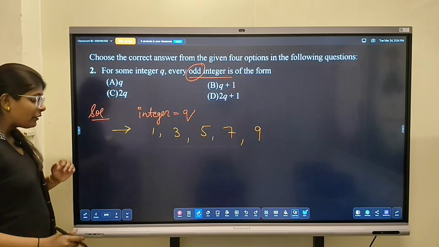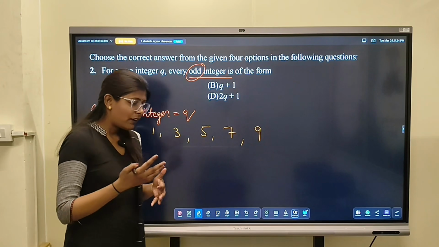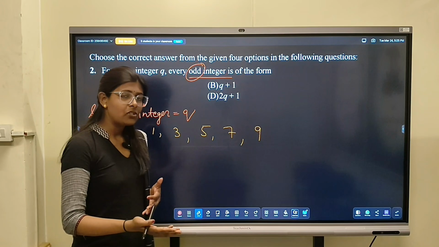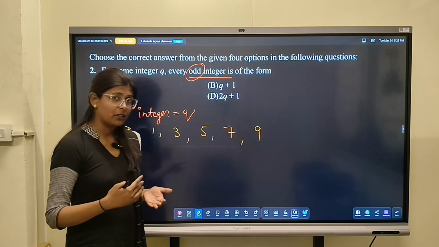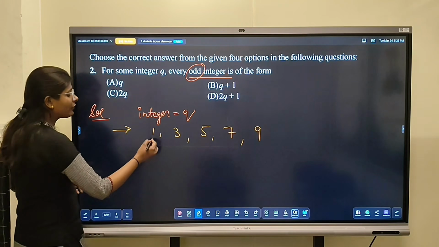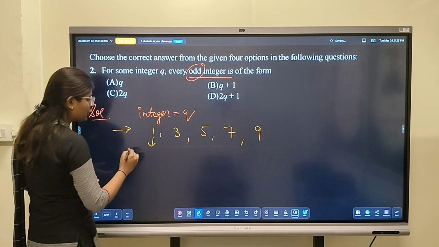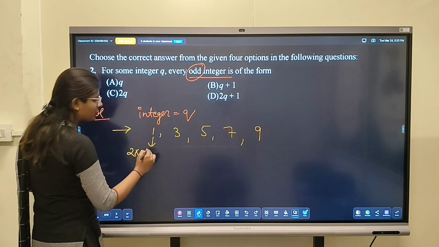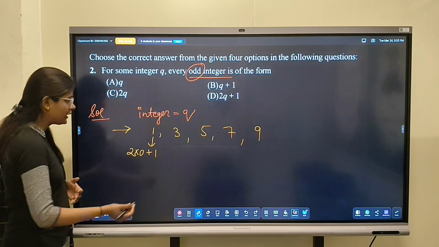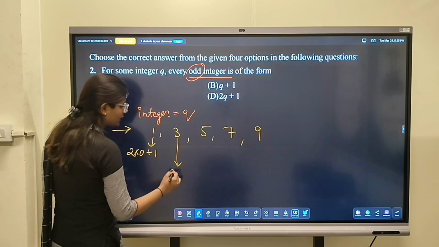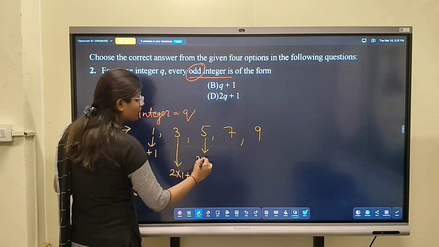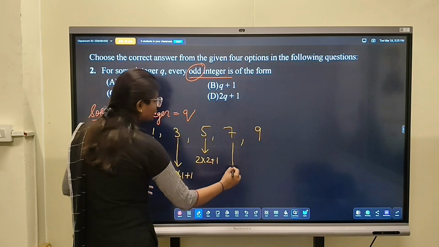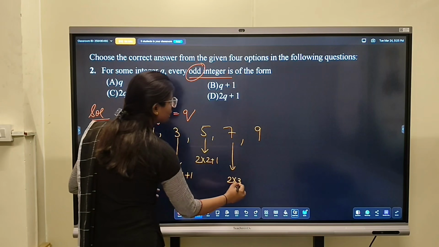Agree? And we know that after every even integer, there is an odd integer, and before that also there is an odd integer. So we can write it as 2 times 0 plus 1. Can we say that? Yes. Then it is 2 times 1 plus 1. We can represent it as 2 times 2 plus 1, and then 2 times 3 plus 1 and so on.